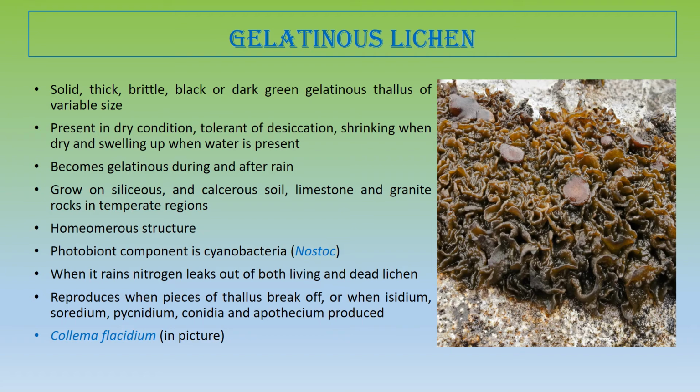So this gelatinous lichen not only fixes carbon dioxide but also fixes nitrogen. So gelatinous lichen is very important in both nitrogen and carbon cycling.